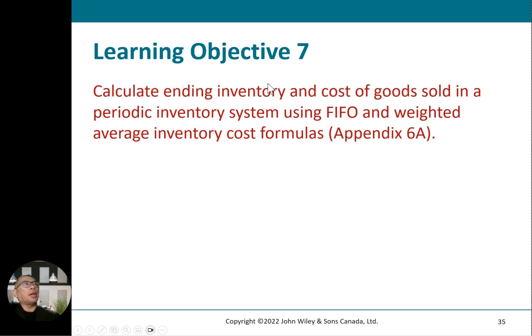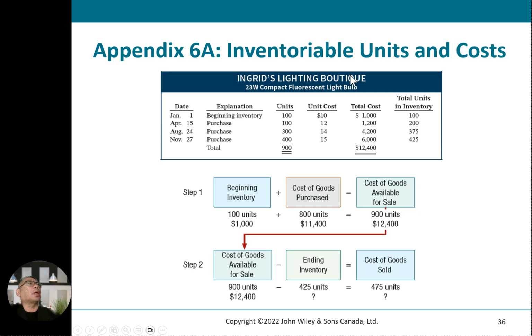All right, let's look at learning objective number 7. Calculate the inventory and the cost of goods sold in a periodic system using FIFO as well as weighted average in Appendix 6A. Okay, let's look at this one. So, Appendix 6A, we're going to have this Ingrid Lighting Boutique. January 1, beginning with 100 units, unit cost $10, total cost 1,000, total inventory 100.